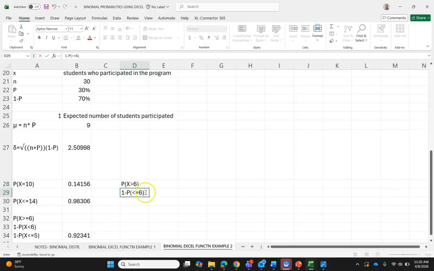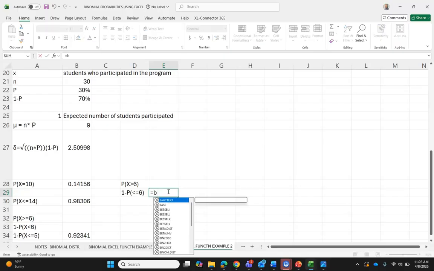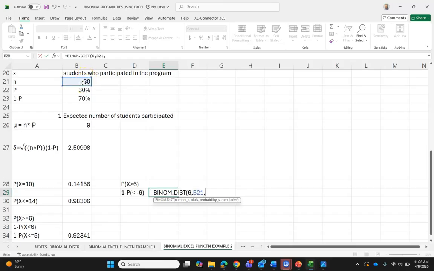So less or equal to 6. This one, 6 is included, and it satisfies the requirements of the binomial dist. So we're going to put equal sign and then type binomial dist. And so we're going to put 6, and then the number of trials, which is 30, probability, which is 30%, and it is still cumulative because it's less or equal to 6.